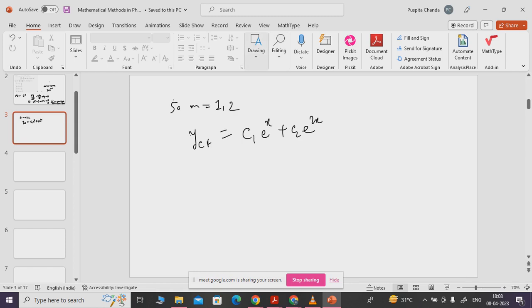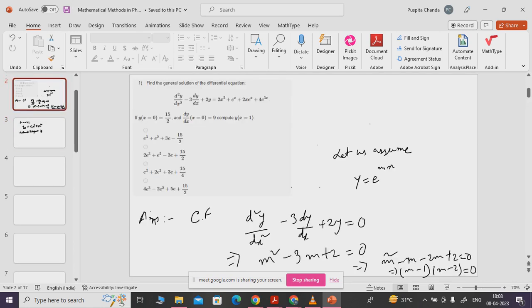Now we need to find the particular integral, or yp. Let us assume here, we can see on the right hand side we have exponential terms e^x and e^3x, also a polynomial term x square, and also a polynomial x times e^x.